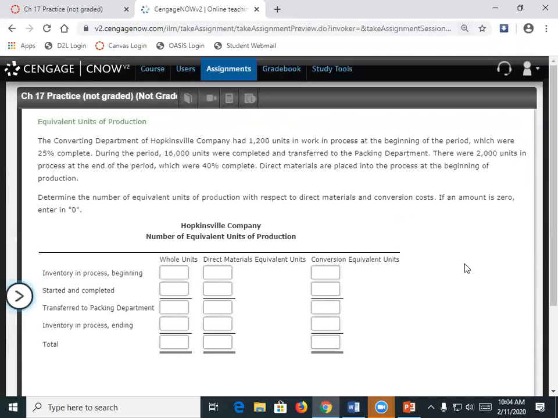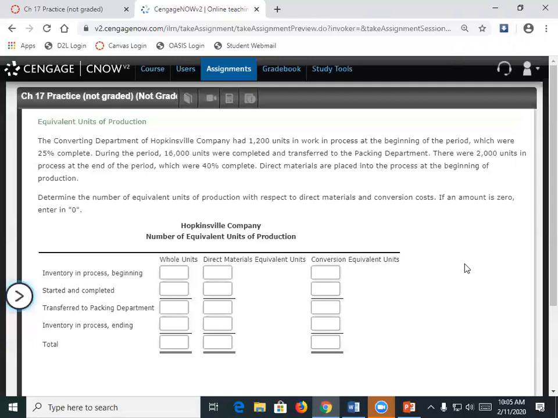So again, down here is our schedule of equivalent units of production. So we always have 3 groups. We have our beginning inventory, we have what was started and completed, and we have our ending inventory. Those are the 3 groups we need to assign costs to. Okay. So we're just going to fill this in, and we're going to do it in regards to materials and conversion.